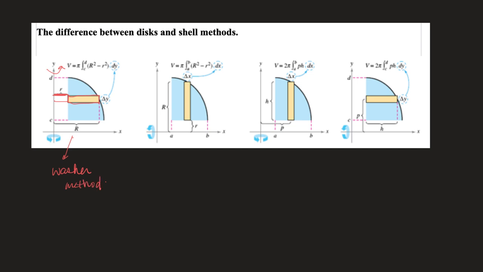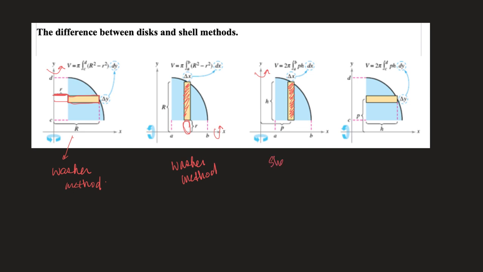Same thing here, guys. Rotating about the x-axis, here is a hole. Also, this one is the washer method, because it is perpendicular to the x-axis. How about this one? This one is rotating over the y-axis, but this one is going to be parallel.